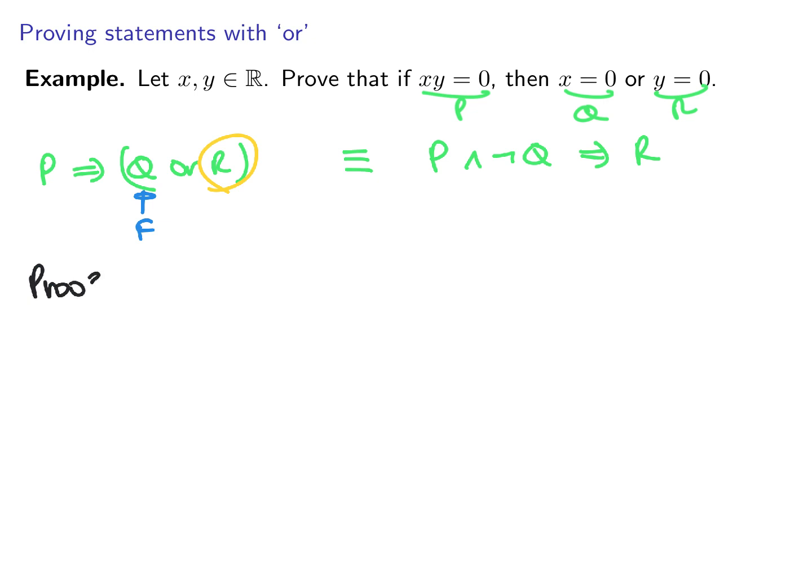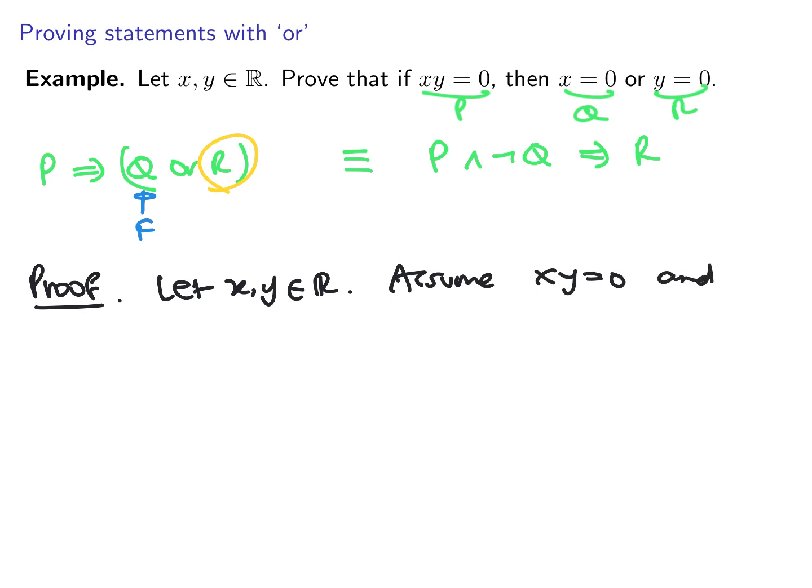Okay, so let's do the proof. So we're going to rewrite the assumption, and then we're going to assume that P is true and not Q is true. Okay, assume that P is true, xy equals 0, and Q is not true, x is not equal to 0.